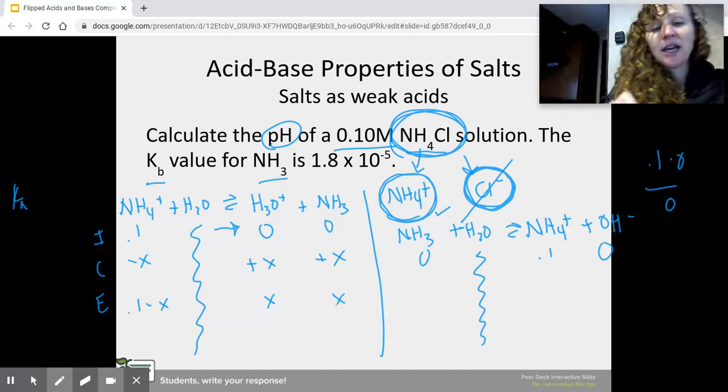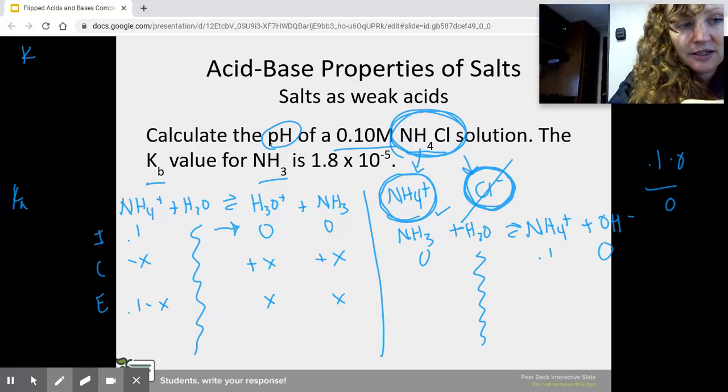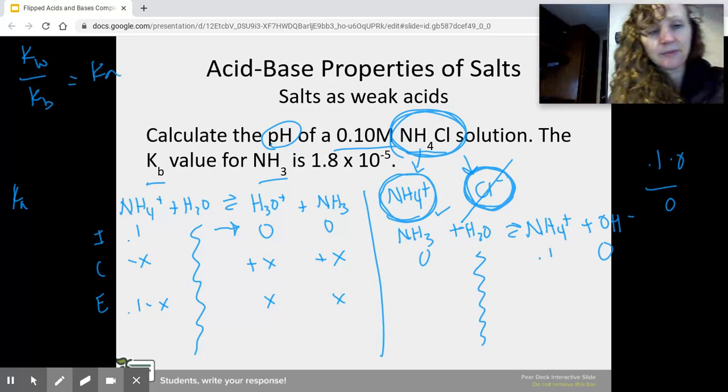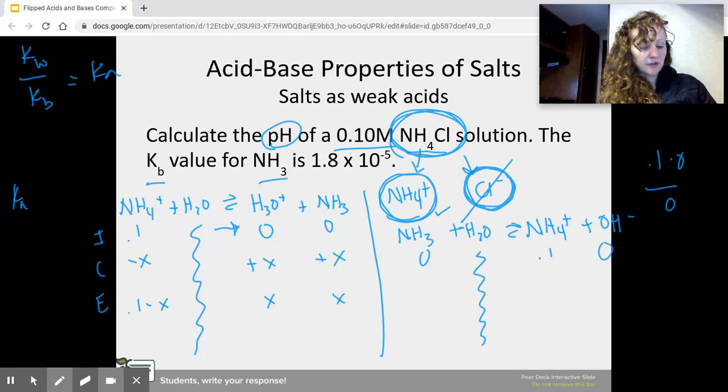Okay, so a Ka is going to be Kw divided by Kb equals Ka. Let's figure out what that is. So we take Kw, divide it by Kb.